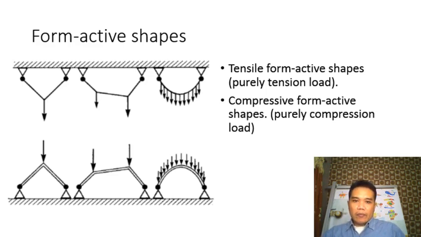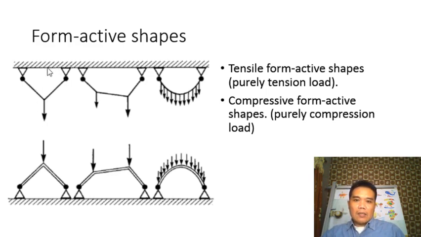If we have this tensile form active shape, then we may find exactly the same form but in the opposite direction. We call this funicular form or funicular structural system.